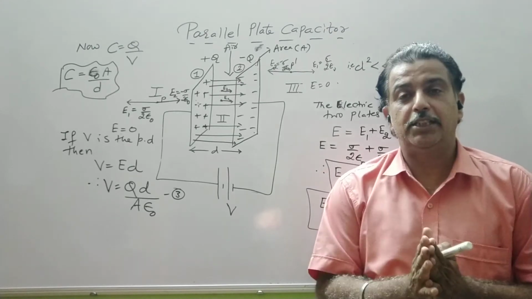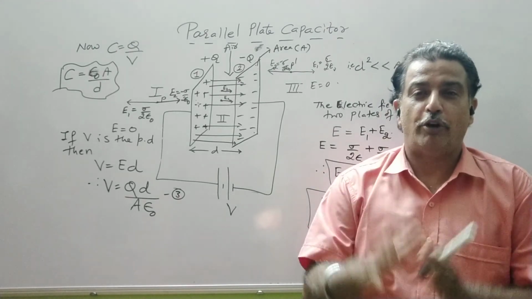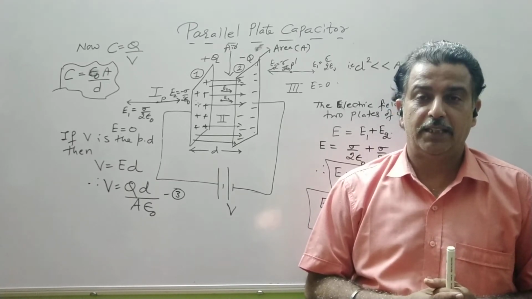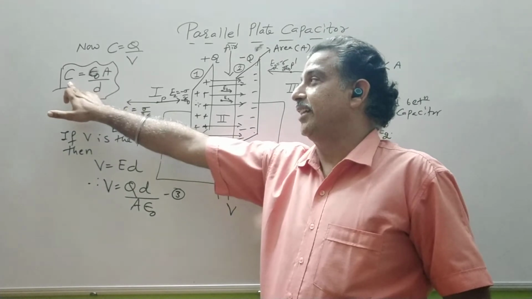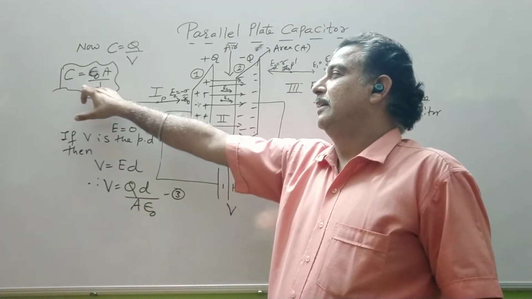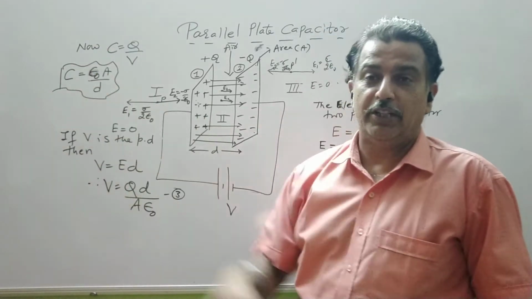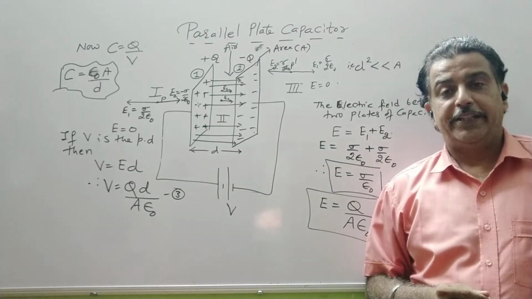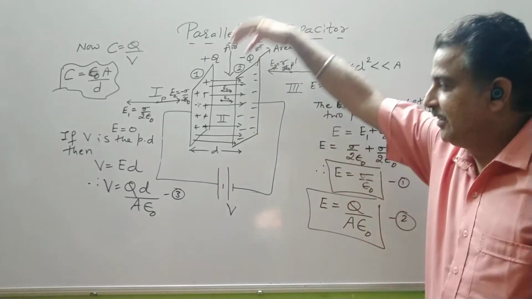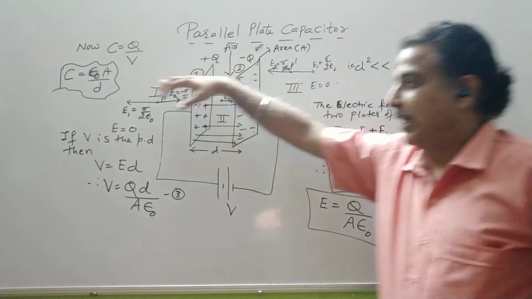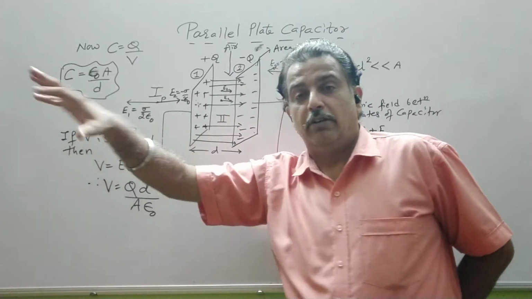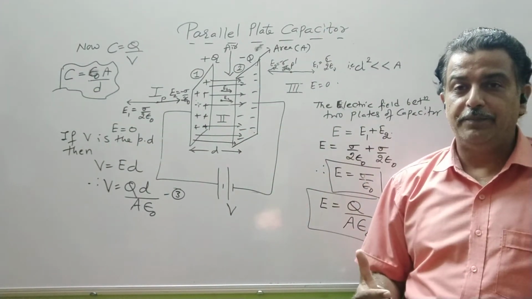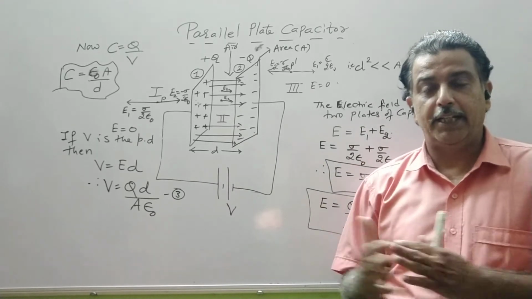One, when the distance is very small, the non-uniformity of the electric field at the edges is minimized and the capacitance increases. As well, it also depends on the permittivity of the medium, and we know that the permittivity of the vacuum is least. So if air is a dielectric, the capacitance will have a minimum value, and if I introduce a dielectric medium, its capacitance will increase.